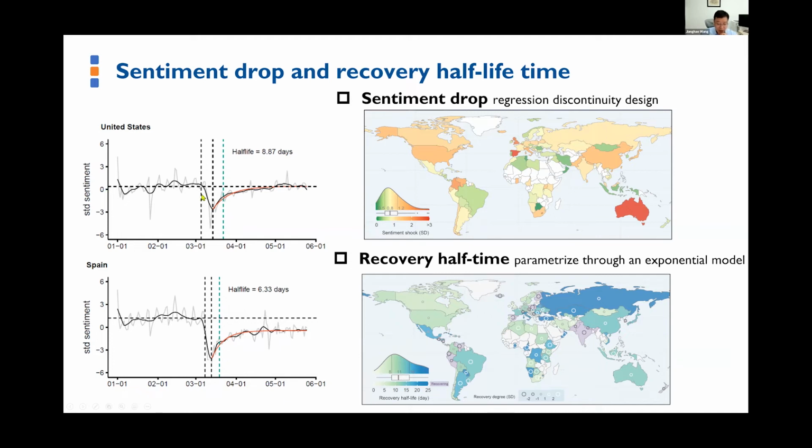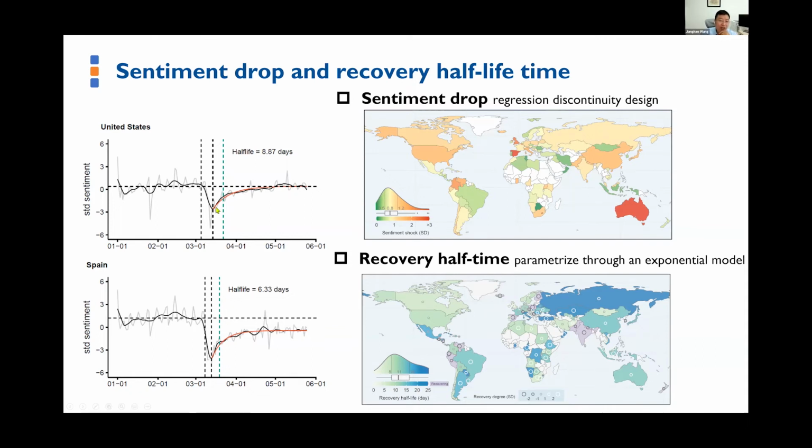The sentiment drop is defined as a country's sentiment decline from the level before the pandemic to its lowest value during the first wave of the pandemic. For example, in the United States, the sentiment drop is from here to here.